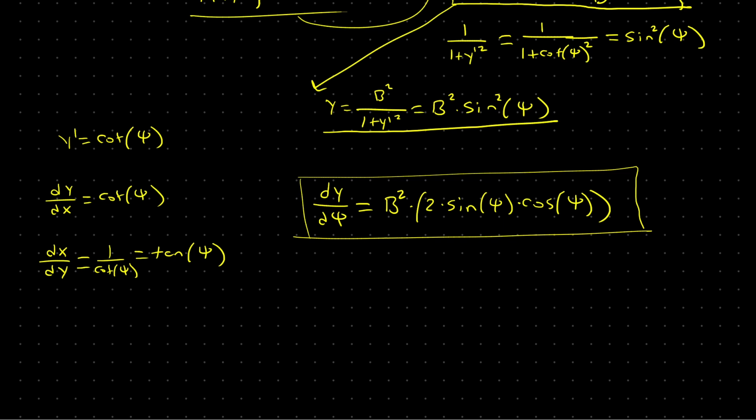And if we use this relationship right here, this then means that dx d psi is going to be equal to just 2b squared times sine squared of psi.